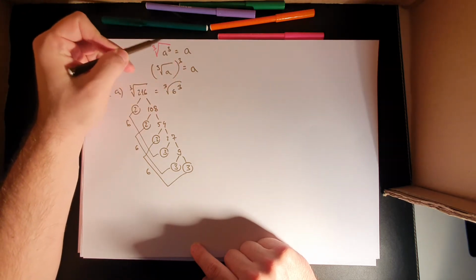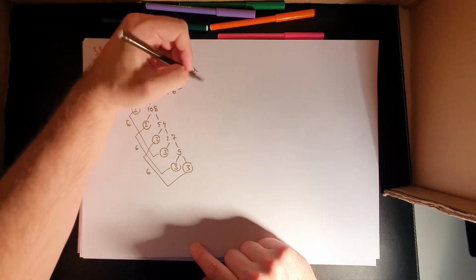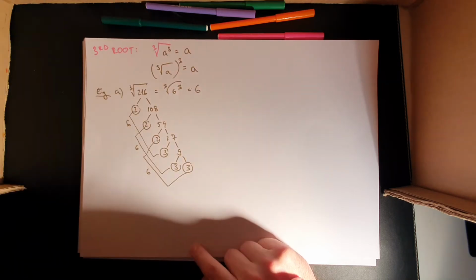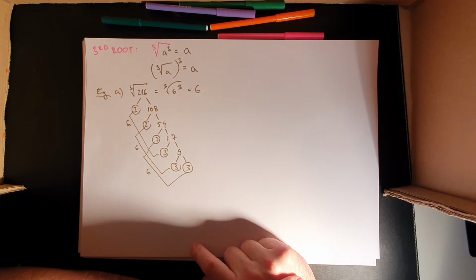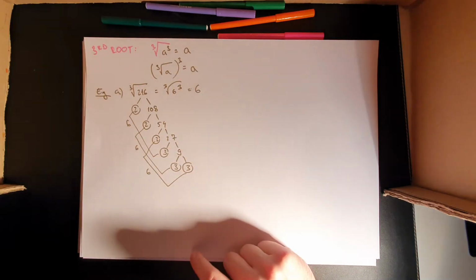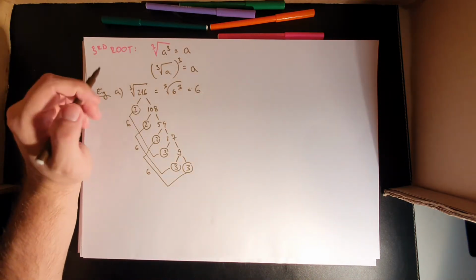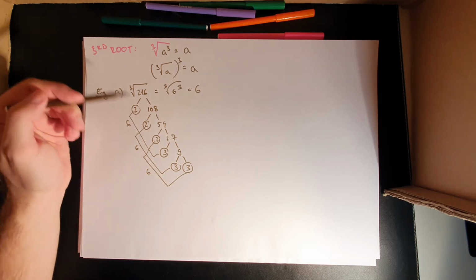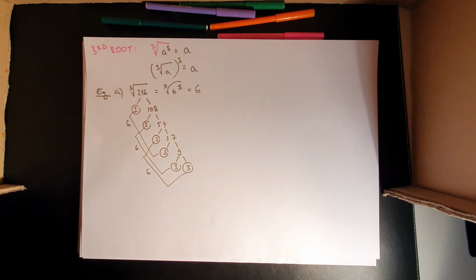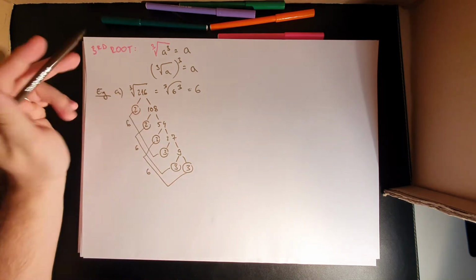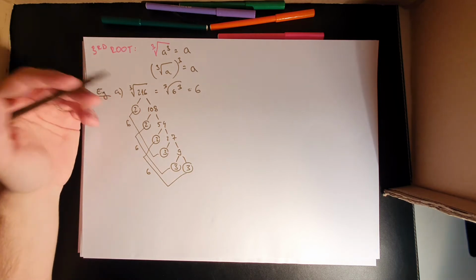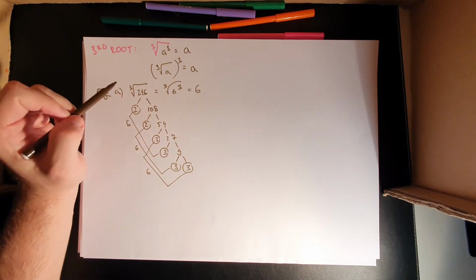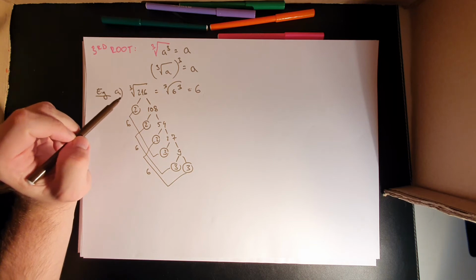I'm rewriting it using this form, meaning that the third root of 216 is number 6. So this is how you can determine it. Simple enough. If you don't have a calculator, you could use the primes and factorization to determine what it should be rewritten as, the power or index.